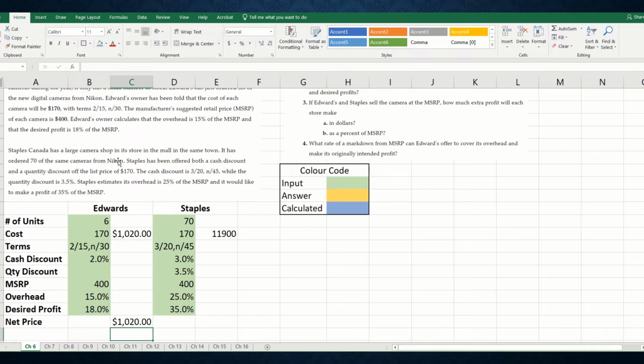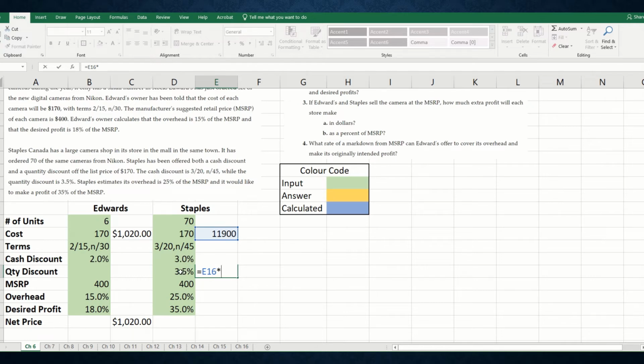Staples, on the other hand, offered both a cash discount and a quantity discount. So their quantity discount is going to be a quantity discount of 3.5%. So his quantity discount is going to be equal to the cost times the quantity discount here.